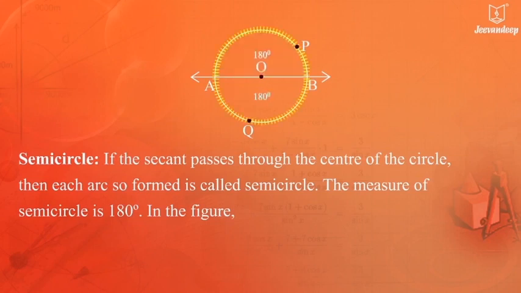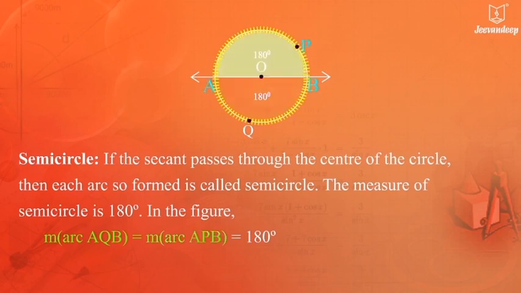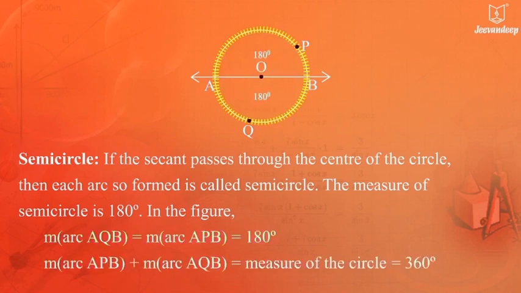In this figure, measure of arc AQB equals measure of arc APB equals 180 degrees. Therefore, measure of arc APB plus measure of arc AQB equals measure of the circle, which equals 360 degrees.